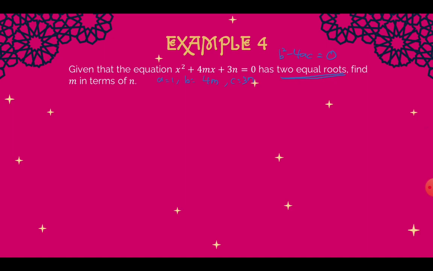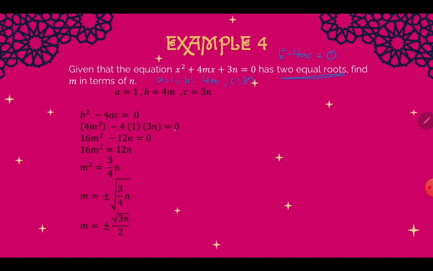Okay, let's look at the solution. We substitute the values of A, B, C into discriminant equals 0. From here, we say that 16m squared equals 12n. And then what is m squared? m squared is equal to 3n over 4. So m is equal to the square root of 3n over 4. When we talk about square root, we have positive and negative.